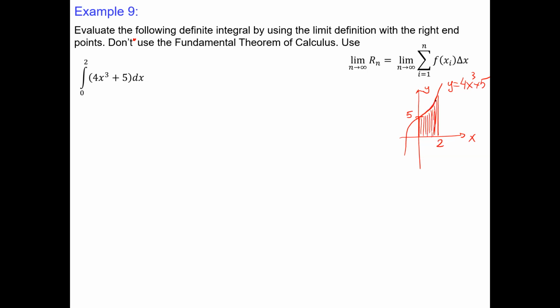And we can see the top of this region is curved. We can't really use geometric shapes. The value of the function for 2, I don't know, but maybe we can calculate just to make sure that we can substitute 2. 4 times 2 cubed plus 5. 4 times 8, I believe, 32 plus 5, 37.